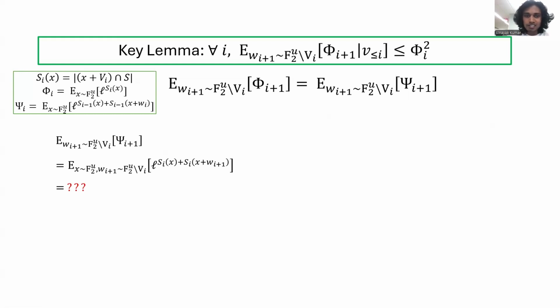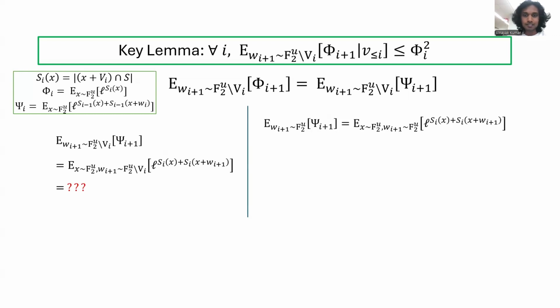So imagine we were averaging psi over all of F2 to the u, with the same manipulation we get here. But now we can use the fact that if x and w are uniform and independent over F2 to the u, then so are x and x plus w.